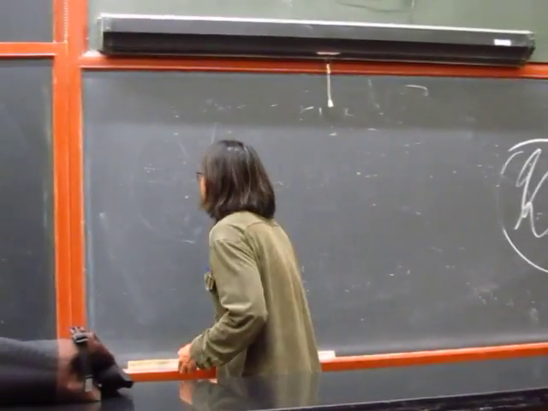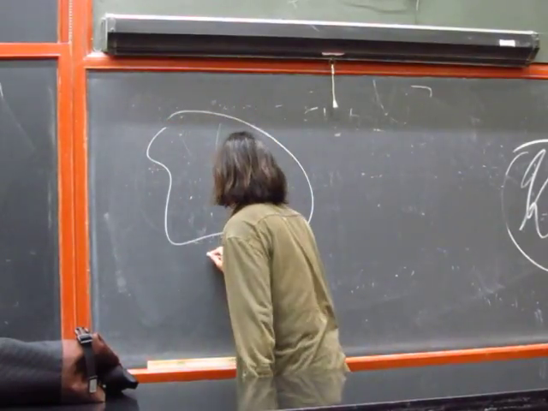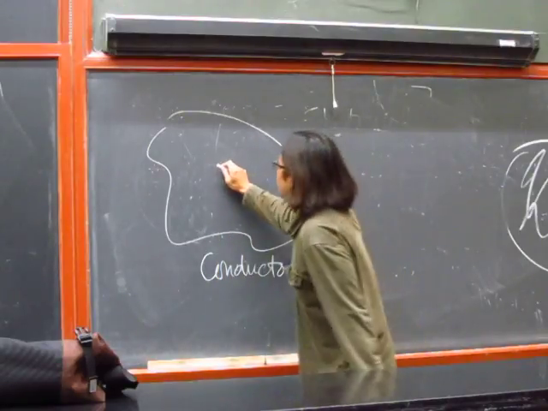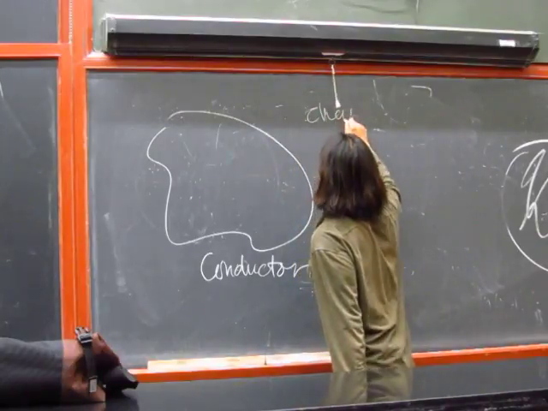So what happens inside the metal, inside the conductor, because charges are free to move?